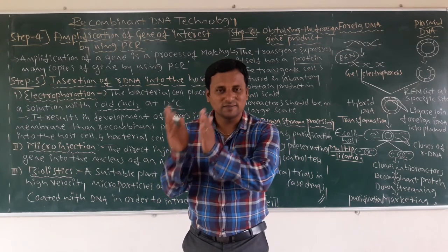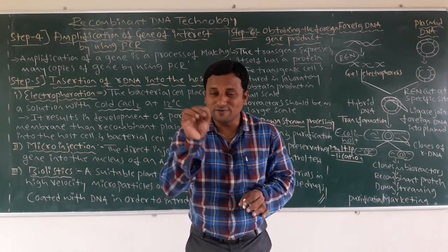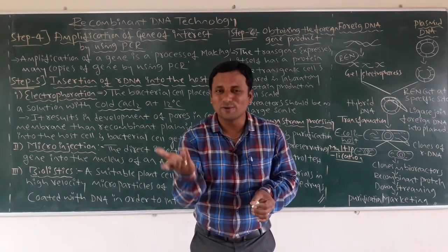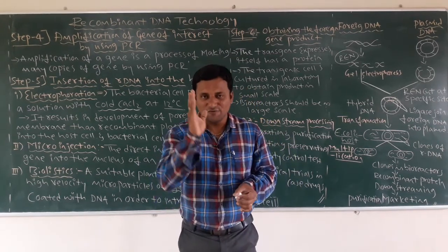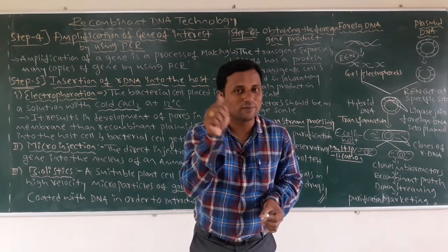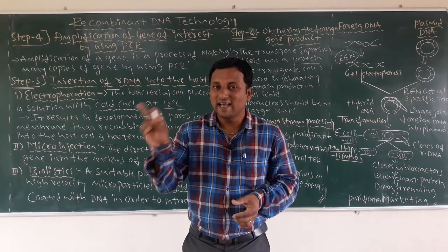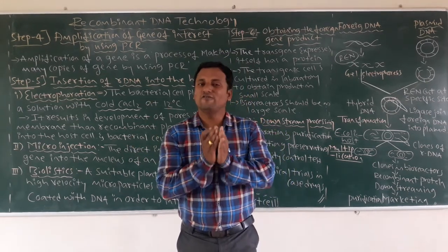This isolation of genetic material should be in the pure form. It will be free from macromolecules like RNA, proteins, lipids, polysaccharides. If you want it free from those macromolecules, you must add chilled ethanol to the isolated material. Then it becomes a pure form.